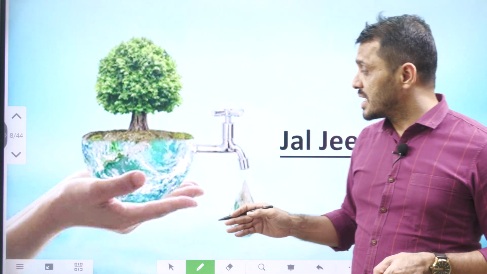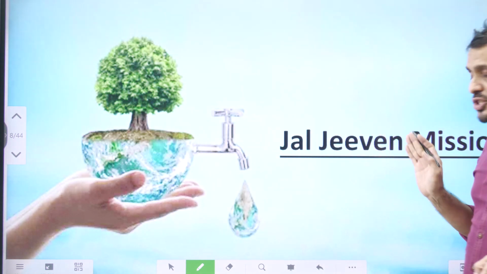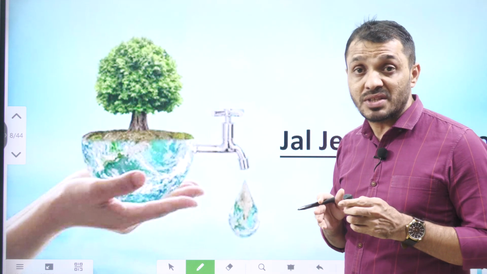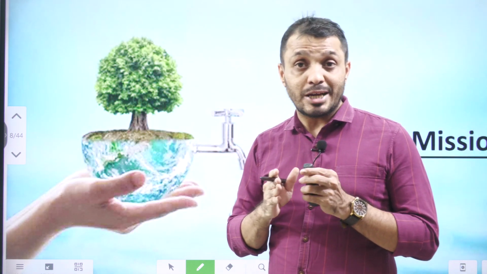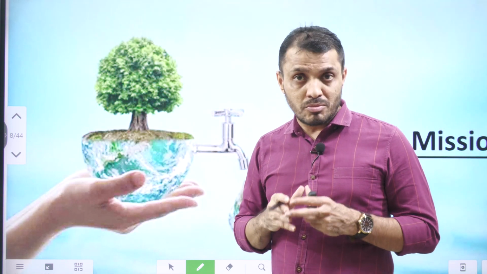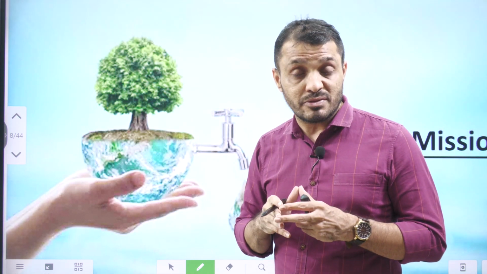The second topic is the Jal Jeevan Mission. Recently, the World Bank released a report about the impact of the Jal Jeevan Mission. The Jal Jeevan Mission has both economic and social impact on people's lives. You know that the majority of diseases are waterborne diseases. Around 70 to 80% of communicable diseases are waterborne in nature.